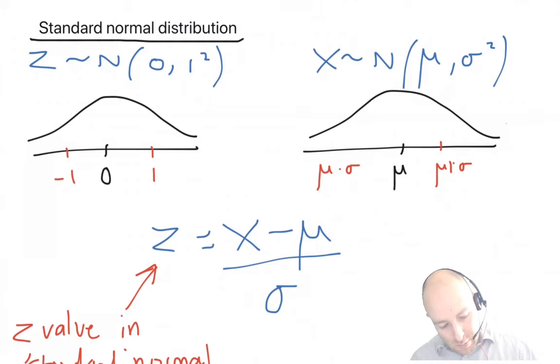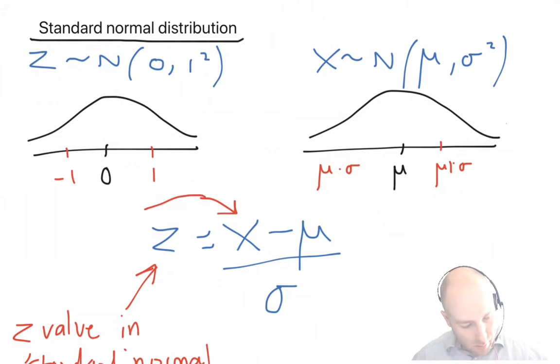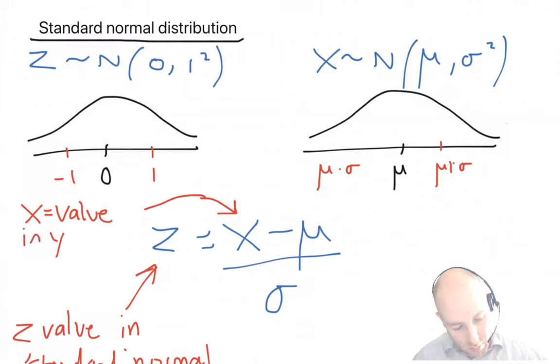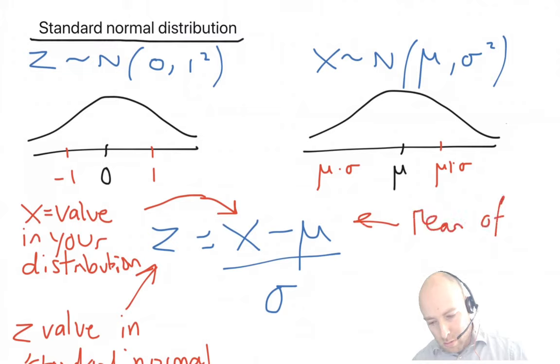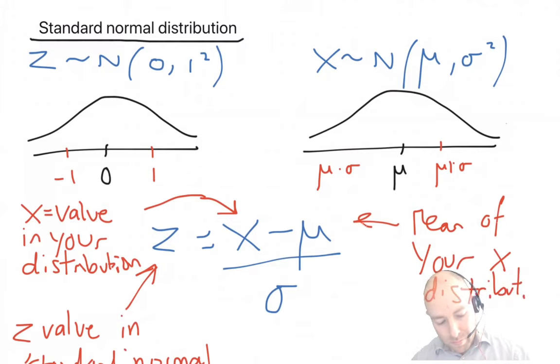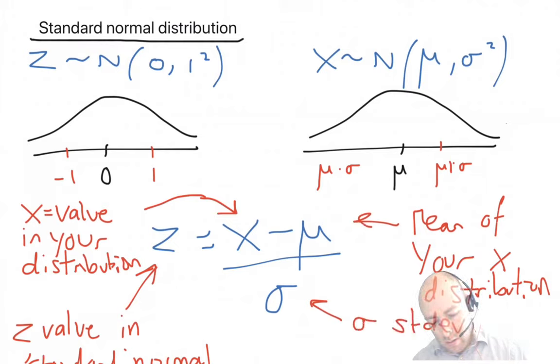This one is your X value, so X's value in your distribution. Mu is the mean of your X distribution. And sigma is the standard deviation in your X distribution.